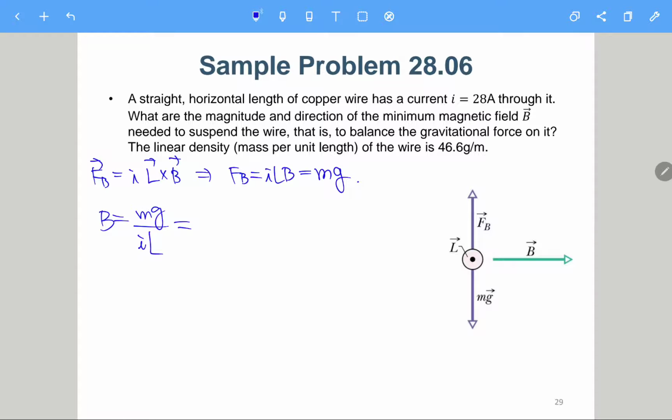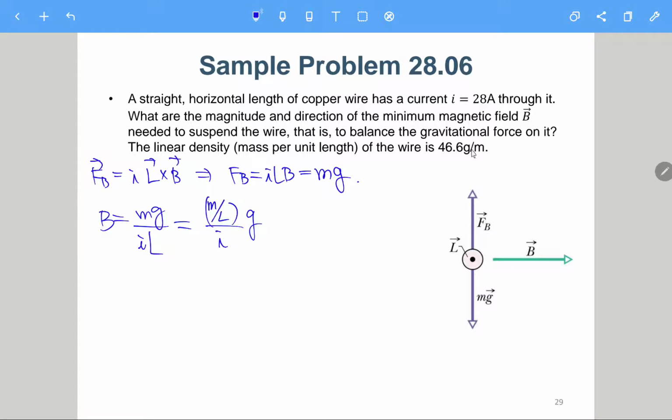We can slightly rearrange the terms so that we have m over L as a term, we have g, and we have I, because here we have a mass per unit length, so we put this term together.